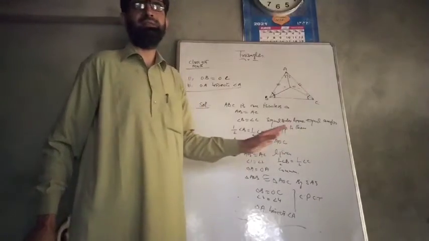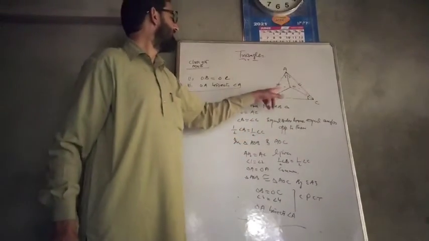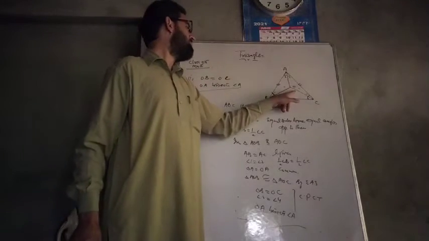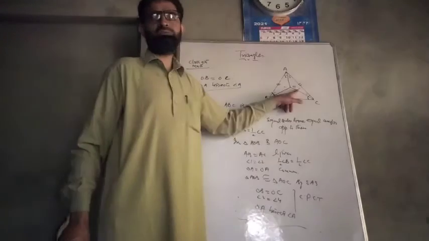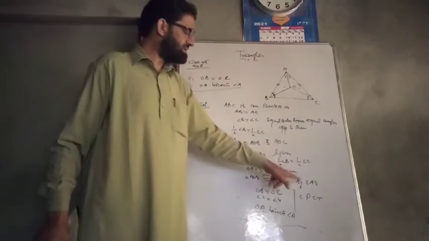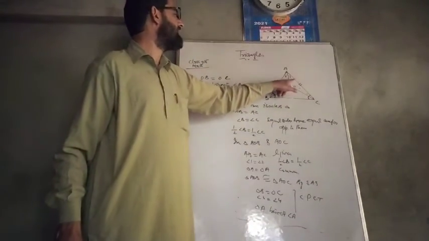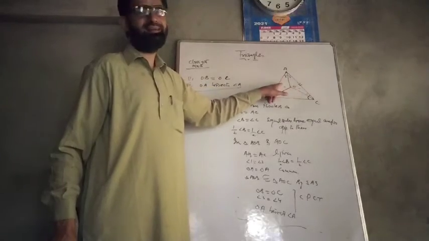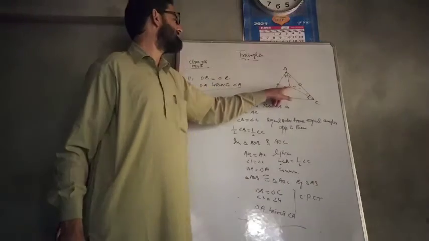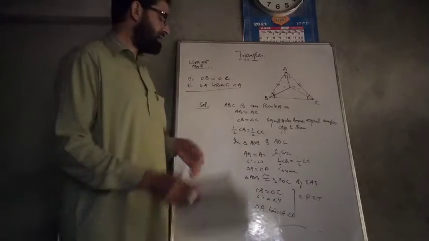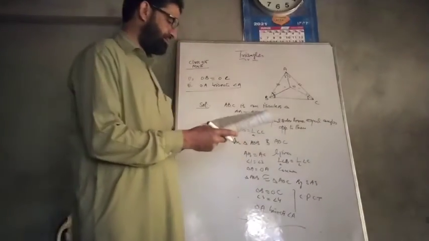Once you are able to make these two triangles congruent, then you can write OB is equal to OC, because corresponding parts of congruent triangles, CPCT, are equal. Also angle 3 is equal to angle 4 because triangles are congruent. When 3 is equal to 4, that is OA bisects angle A and divides it into two equal parts. This was question number 1.